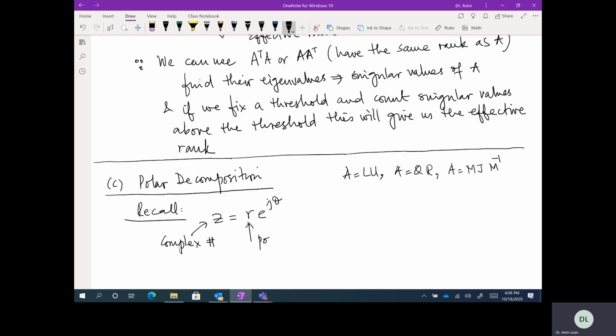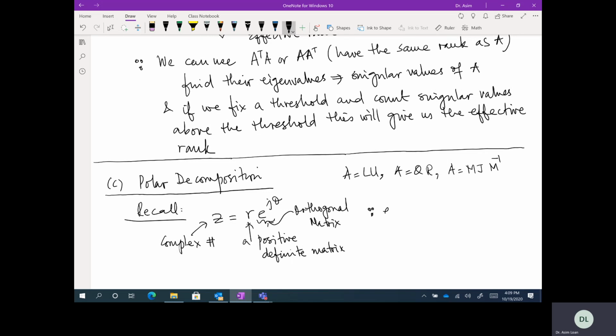R is positive. So in terms of matrices, we'll say this is a positive definite matrix. And e^{jθ} is an orthogonal matrix. In terms of matrices, this is an orthogonal matrix. Why?